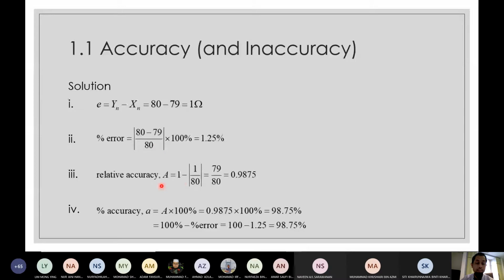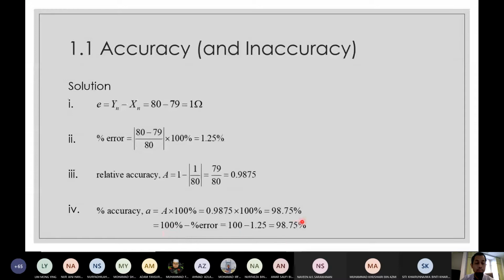So for relative accuracy, we have this equation here, 79 over 80. We get 0.9875. And then for percent accuracy, we simply multiply the value of relative accuracy by 100%. So you get 98.75%. Or you can have 100% minus the error.